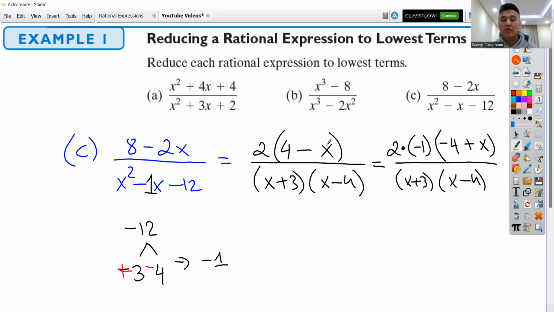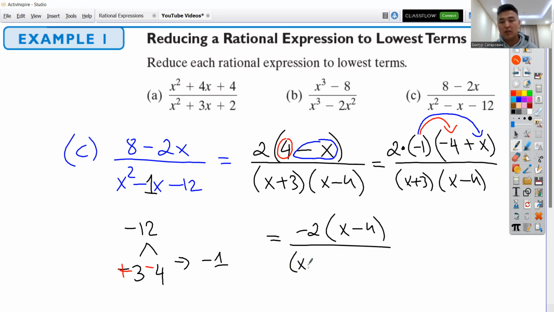The negative 1 inside these brackets I pulled out, so negative 1 multiplied by negative 4 gives me positive 4, the same as before. Negative 1 multiplied by positive x is negative x, again the same. So we just rewrote them. 2 multiplied by negative 1 gives me negative 2 in brackets. Since it's negative 4 plus x, I can rewrite it as x minus 4.